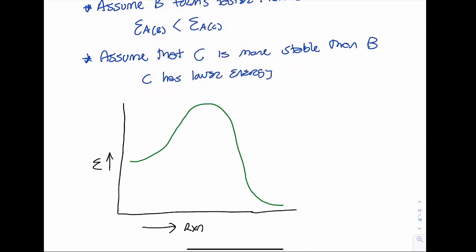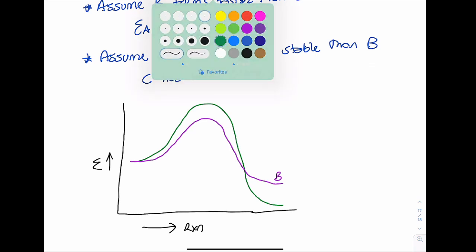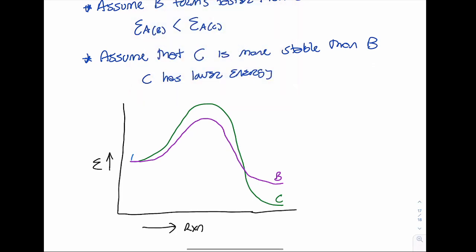And then we'll use purple for the other. They're both starting out as the same reactant, so I'm going to start in the same spot. B is going to have a smaller activation energy, so I'm not going to go up as far. But then it's less stable, so it's going to be higher in energy when I finish. So this was B. This is C. And then A is my reactant for both of those.